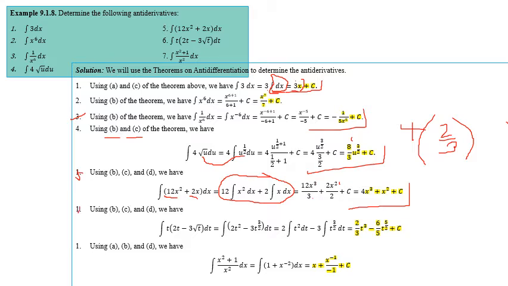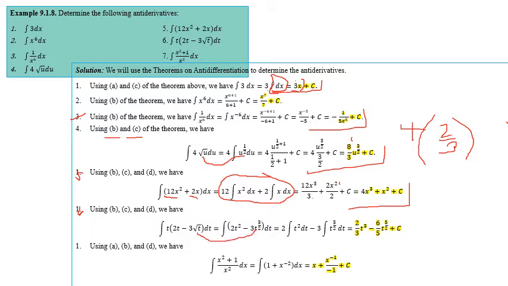For number 6, class, na example, using theorem B, C, and D, we have t times 2t minus 3 square root of t dt. Basta may radical expressions sa given niyo, i-express or transform niyo into exponential form.